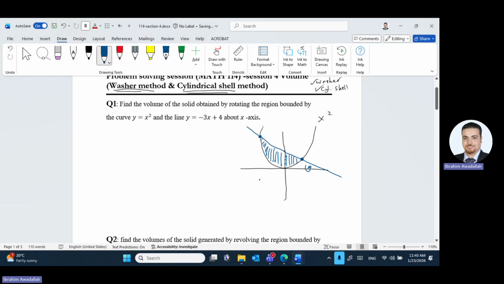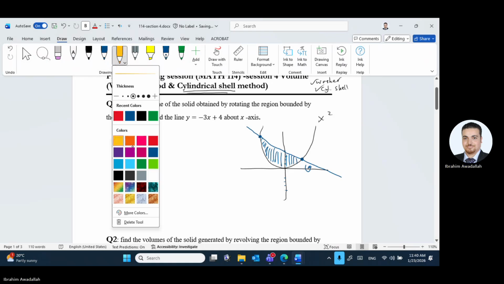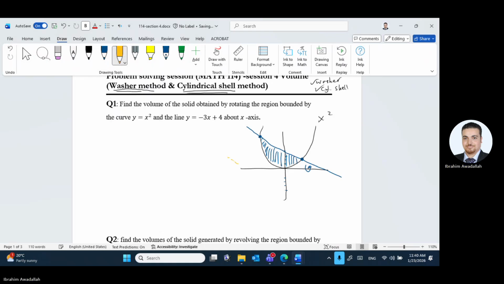So that's mean the shape will be almost, I'm saying, 1, 2, 3, 4. Maybe I can use a light color. And this will be revolving like this, and the shape will be like this.